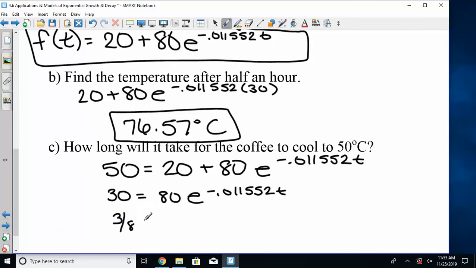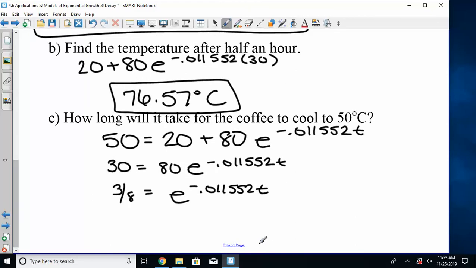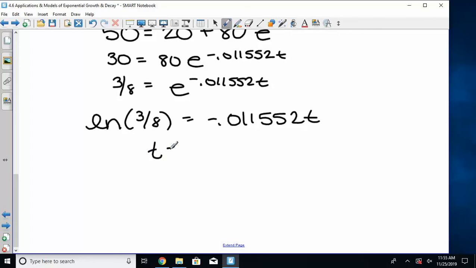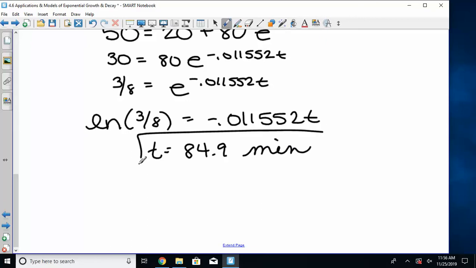Divide the 80 over. The natural log again, and the natural log of e drops. So we get that it has been 84.9, and remember we measured ours in terms of minutes. 84.9 minutes.